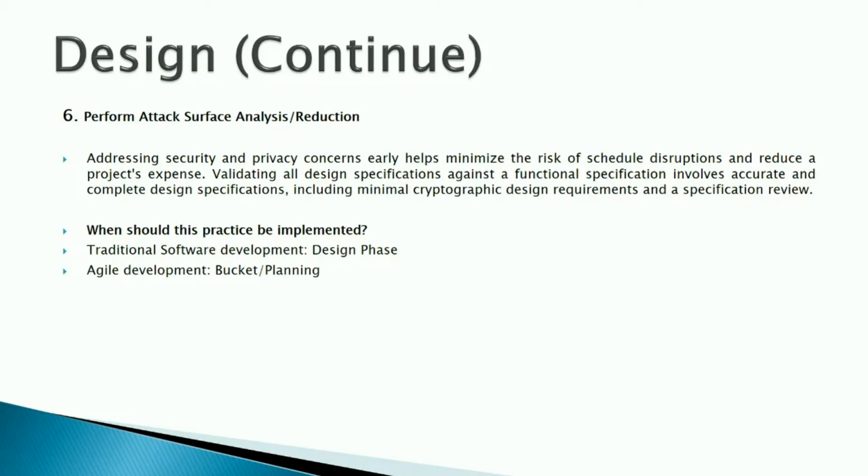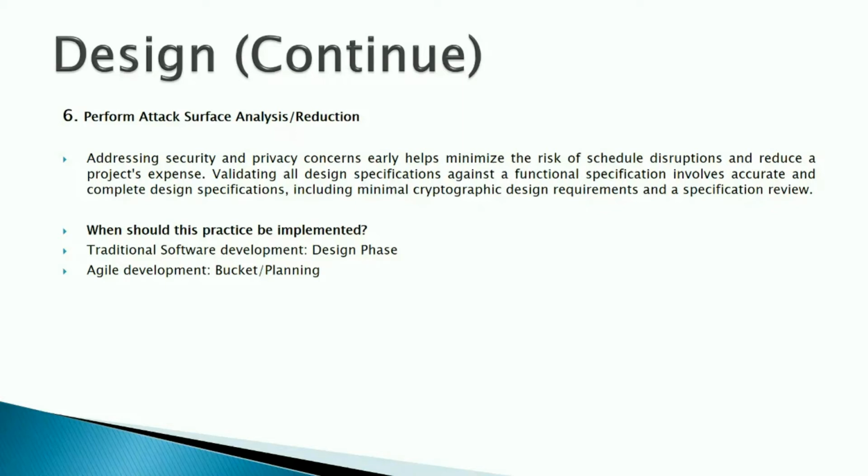It's very important because it's a kind of internal audit, checking that your software is capable of addressing the present security signatures or the present attacks and providing the solution. Addressing security and privacy concerns also helps to minimize the risk of schedule disruption and reduce the project expense. Validating all design specifications against the functional specification involves accurate and complete design specification.